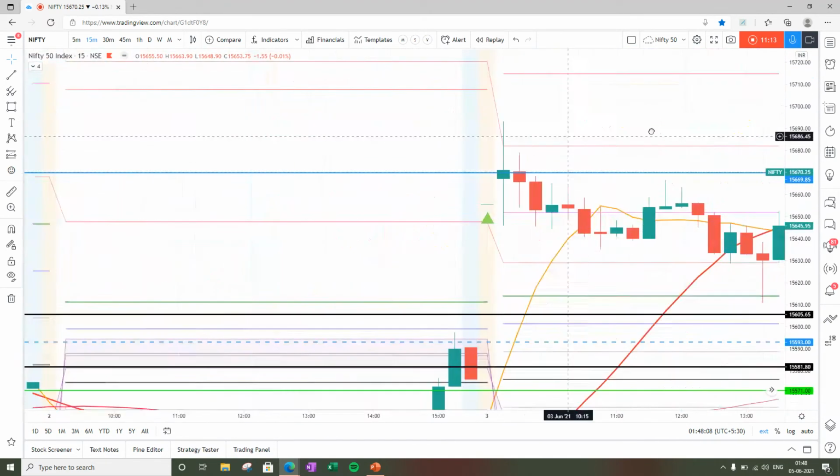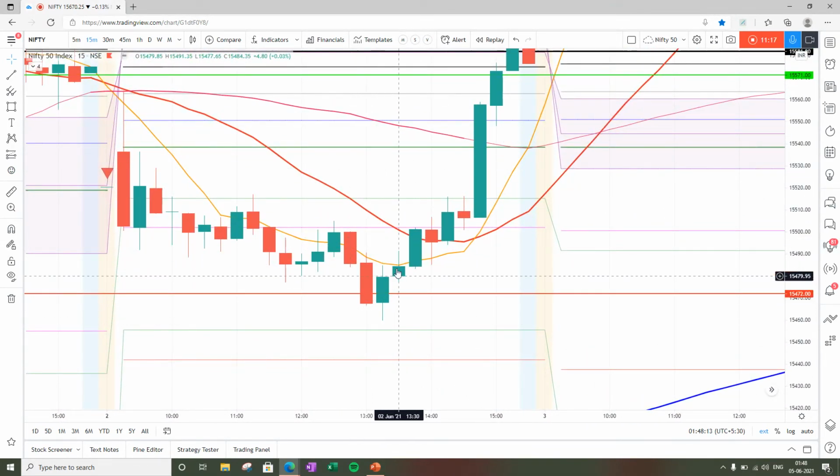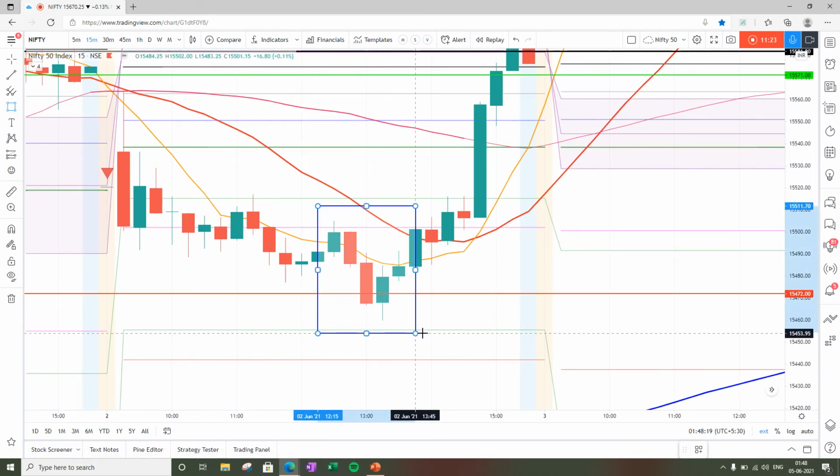So if you see somewhere here this pattern, here also, the market, the trend is going down. You see one big candle. The size of this candle is almost two to three times the size of the normal other candles.